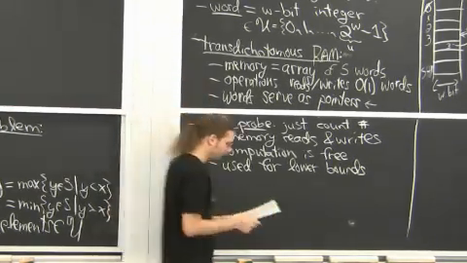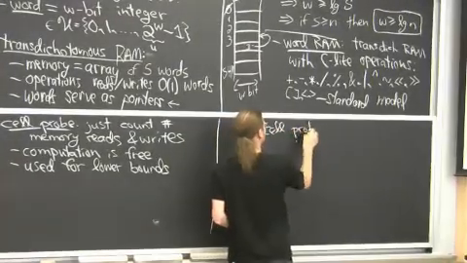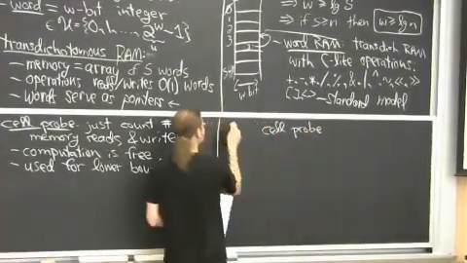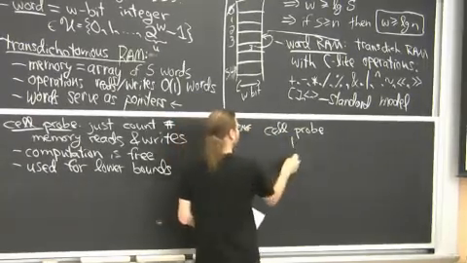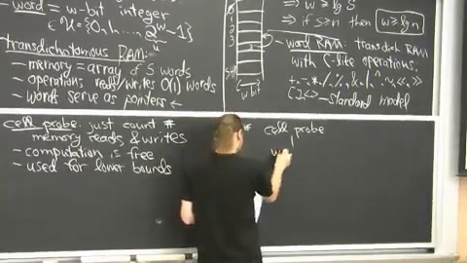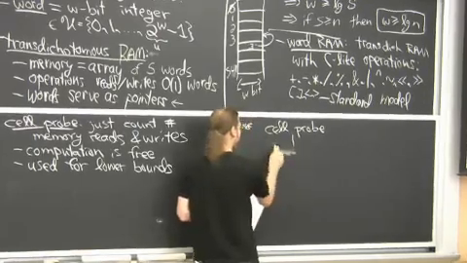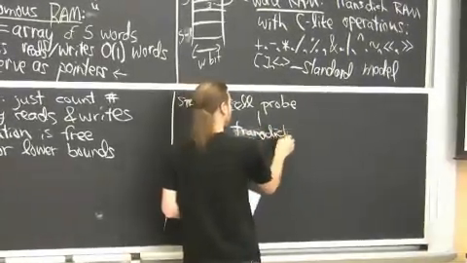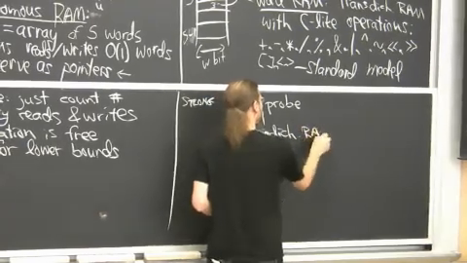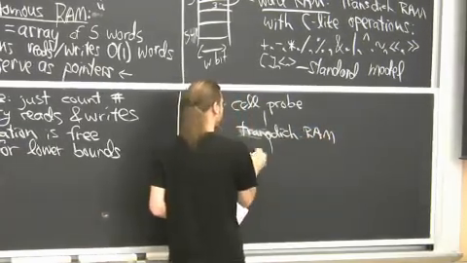In general, we have this sort of hierarchy of models where cell probe is the most powerful, strongest. And below cell probe, we have transdichotomous RAM, then word RAM.